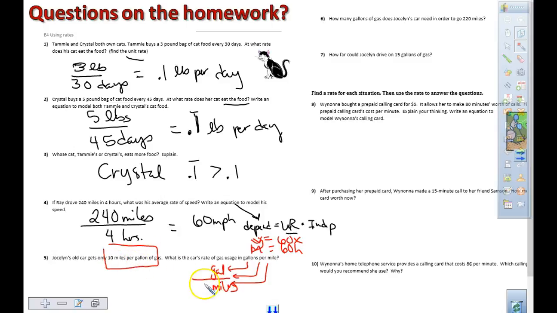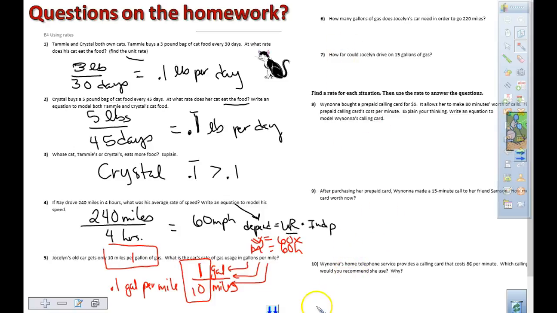And they already told us it was 10 miles, and this is 1 gallon when you look at that. So her answer of 0.1 gallon per mile, I agree. Could you have left it as this fraction and put 1/10 of a gallon per mile? Same answer, okay?